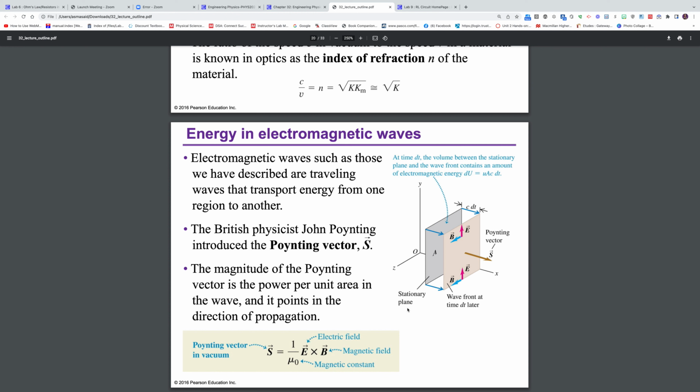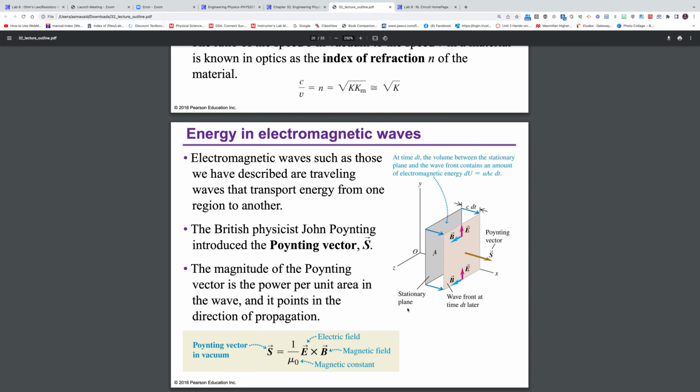Also, we want to talk about the energy in electromagnetic waves, and here we will say that, like any wave, it transports energy from one region to another. And there is a scientist, Poynting, who introduced a vector called S, and the magnitude of that Poynting vector is the power per unit area.